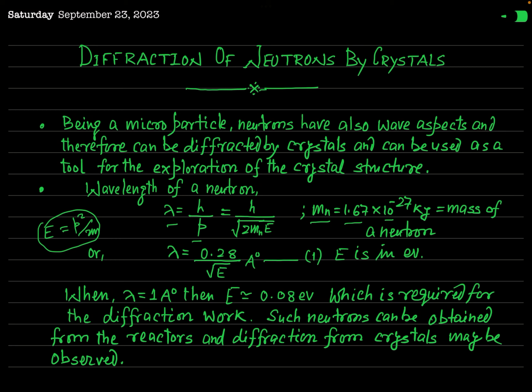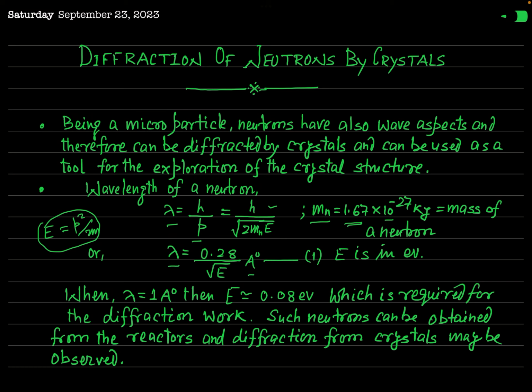Okay. So when you substitute the numerical value of Planck's constant h, which is 6.63 times 10 to the power minus 34 joule second, and the mass of neutron which is this much, and we simplify, then our result will become: lambda equals 0.28 over root E angstrom, where E is measured in electron volt.